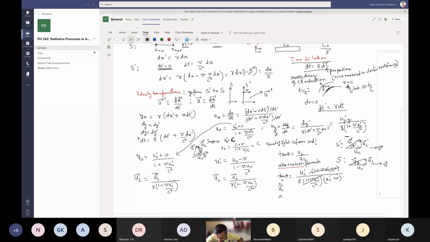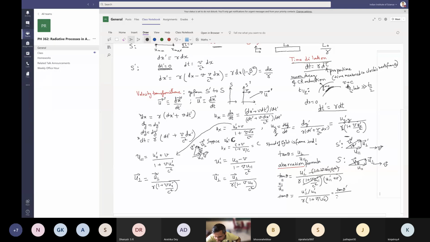So tan theta, the angle theta measured between the velocity of the particle and the frame relative velocity in frame S, is equal to u perp prime by u parallel prime divided by gamma, 1 plus v by u parallel prime. And u perp prime by u parallel prime is tan theta prime.